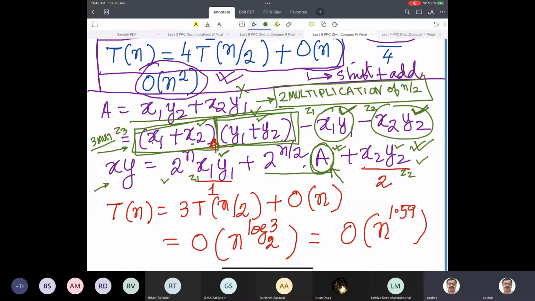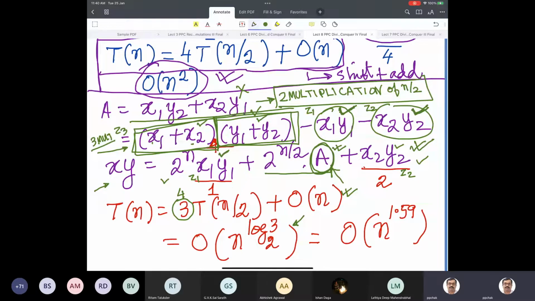So by saving this one multiplication, my equation, which was 4T(n/2), now becomes 3T(n/2). And this order n remains the same. And therefore, this complexity now becomes this.